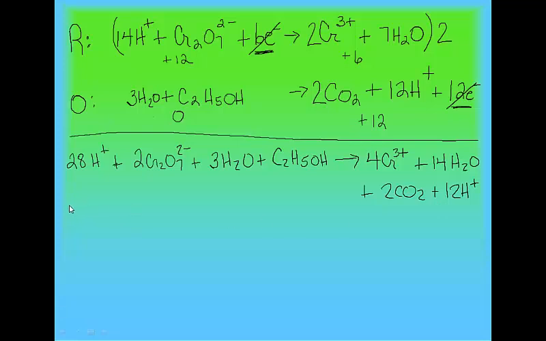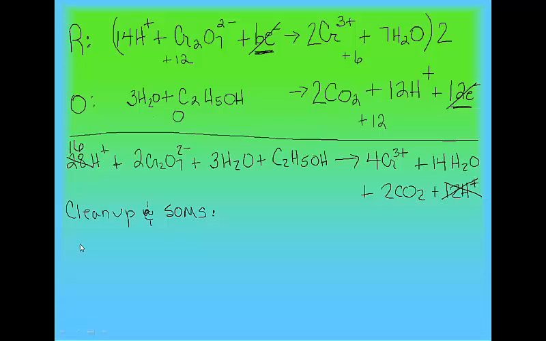Next step, clean it up and insert your states of matter. If it's on opposite sides of the arrow, it's a subtraction. Same side, it's an addition. Notice I have 28 hydrogens here and 12 there. 28 minus 12 is going to be 16 left over on this side.